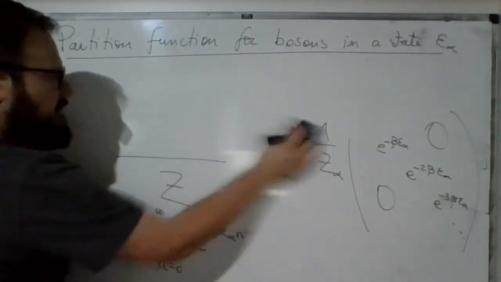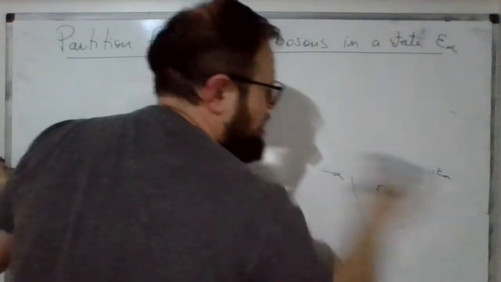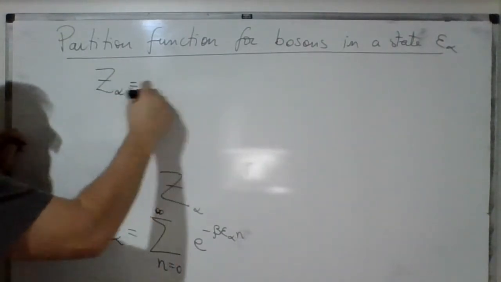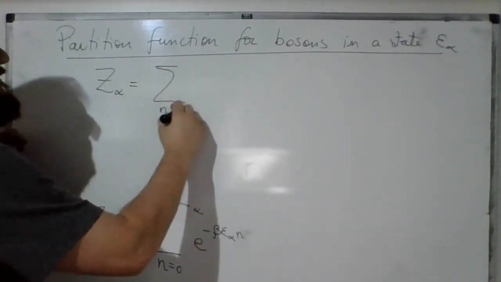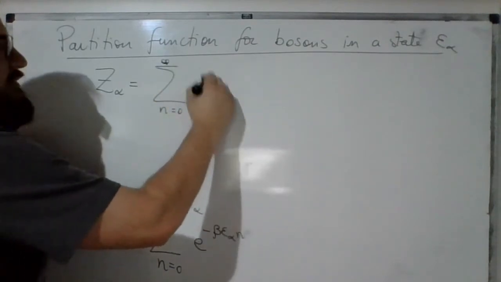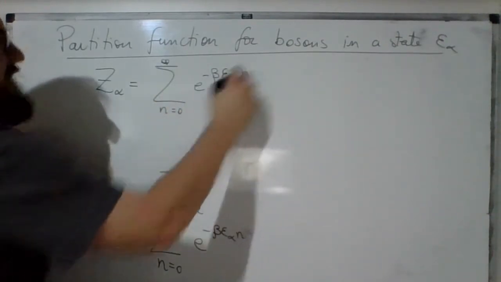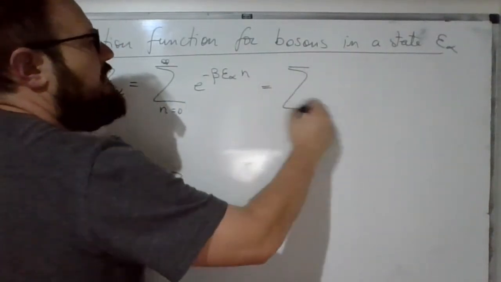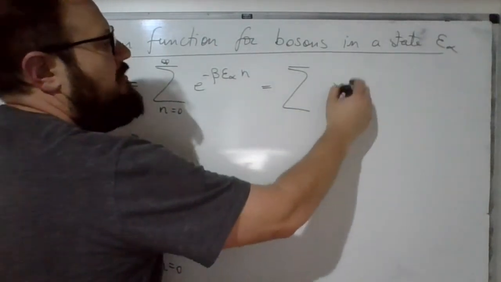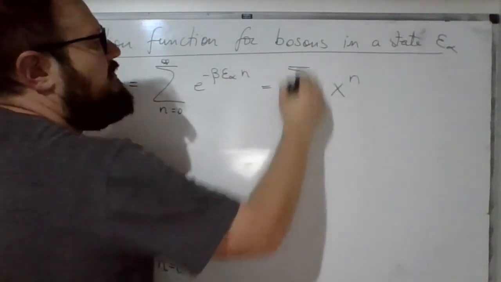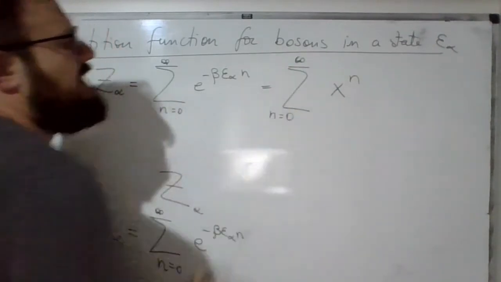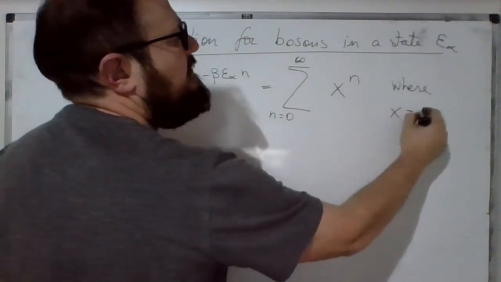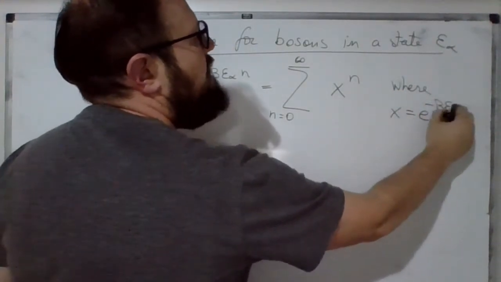So this function for bosons is given by the following: a summation over n from 0 to infinity of e to the minus beta e alpha times n. We can redefine this expression as the sum over n from 0 to infinity of some variable x to the n, where this x is the exponential of minus beta e alpha.